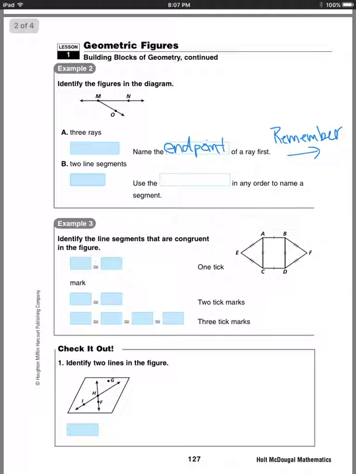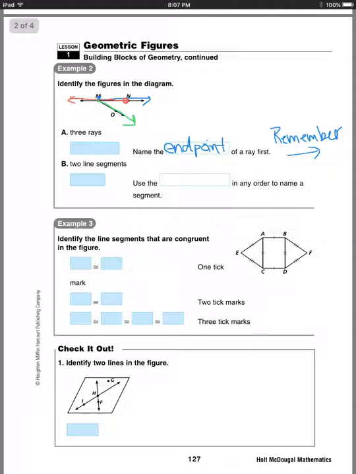So, here we go. We want to go from a point to an arrow. So we have a ray here. We have a ray here. And we have a ray here. Okay? All of those start at a starting point and go towards an arrow.